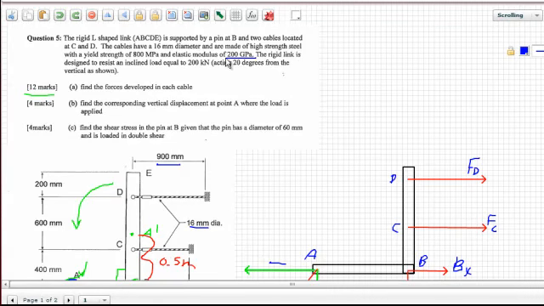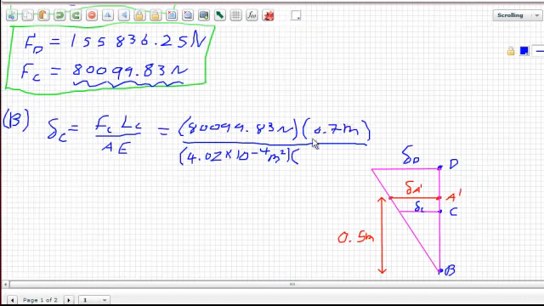It says the elastic modulus is 200 gigapascals. So a giga is to the 9, so 200 times 10 to the power of 9 pascals.